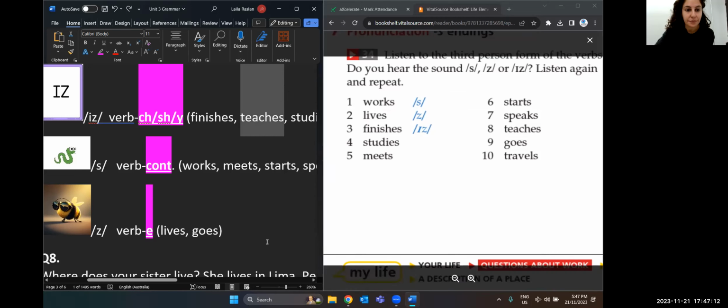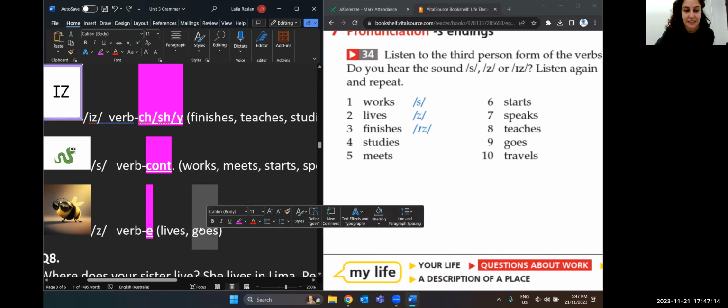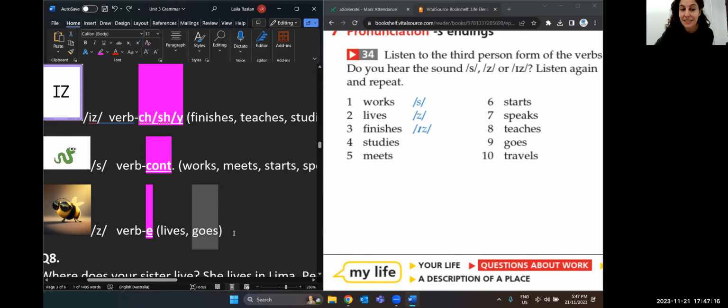Goes. That's here with the Z sound. Goes. Because why? It ends in a vowel. Go. So even if you think of the action do, how would I pronounce that for he, she, it? She does. It's got that Z. She does.